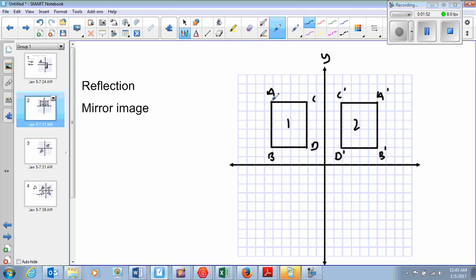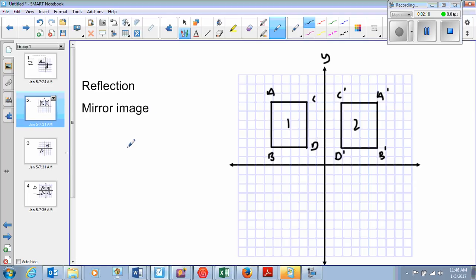But notice how A is here now and over here. If we just moved this image 1 to the right, or slid it, then A should be there. So we can see this is actually a reflection where A has been reflected across the y-axis, and it's over here, because A is 6 units away from the y-axis there, and then the A that's been reflected is also 6 units away from the y-axis.